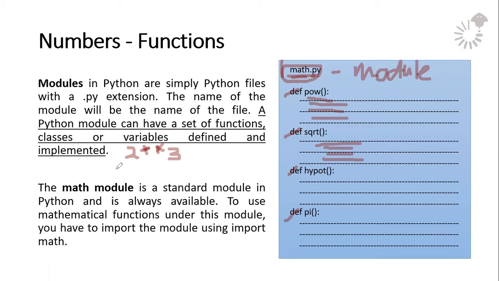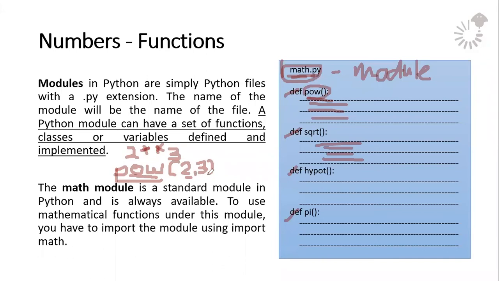Pero pwede rin tayong gumamit ng function, power, tapos lagay lang natin kung ano yung value na igagamitin. So, 2 power to 3 or 2 raised to 3. So, hahanapin lang niya yung power na function dahil tinawag natin, ito yun.